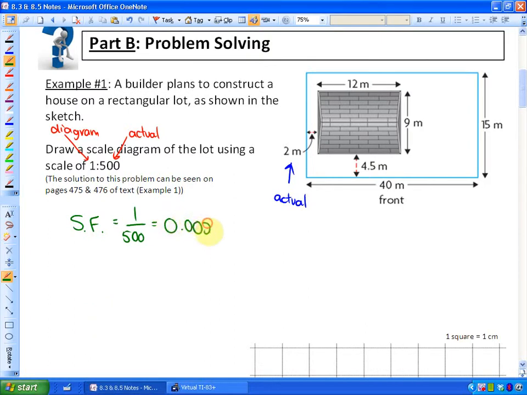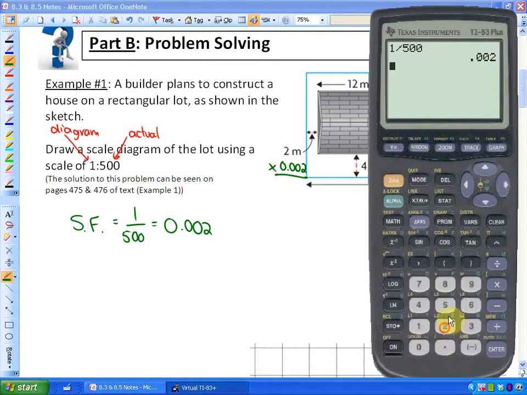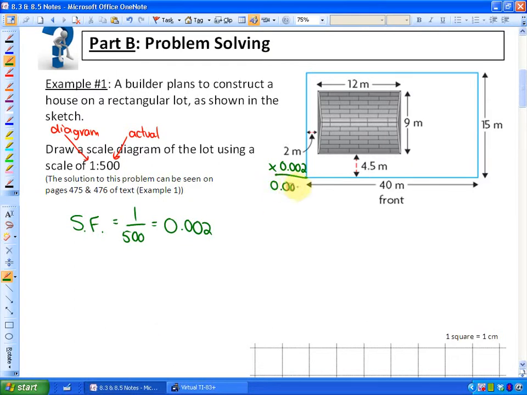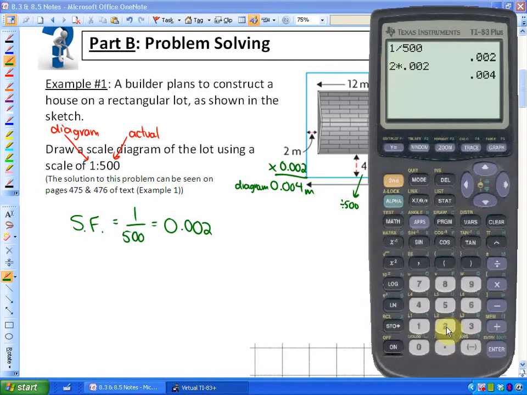So I could multiply all of these by 0.002. 2 meters times 0.002 is 0.004, and that would be in meters. That's what I would like in my diagram. Another way is to just divide by 500. You could take any of these and divide by 500, and you get the same answer. In fact, 2 divided by 500 is equivalent to 0.004.